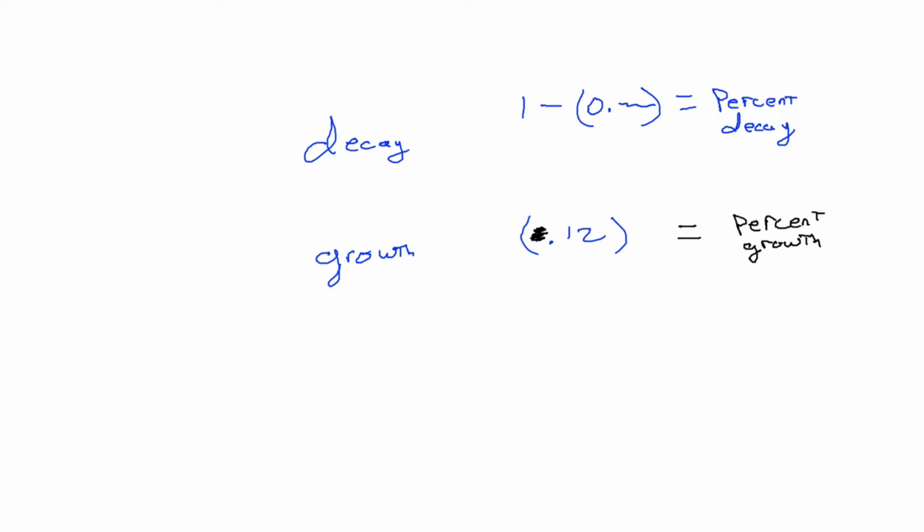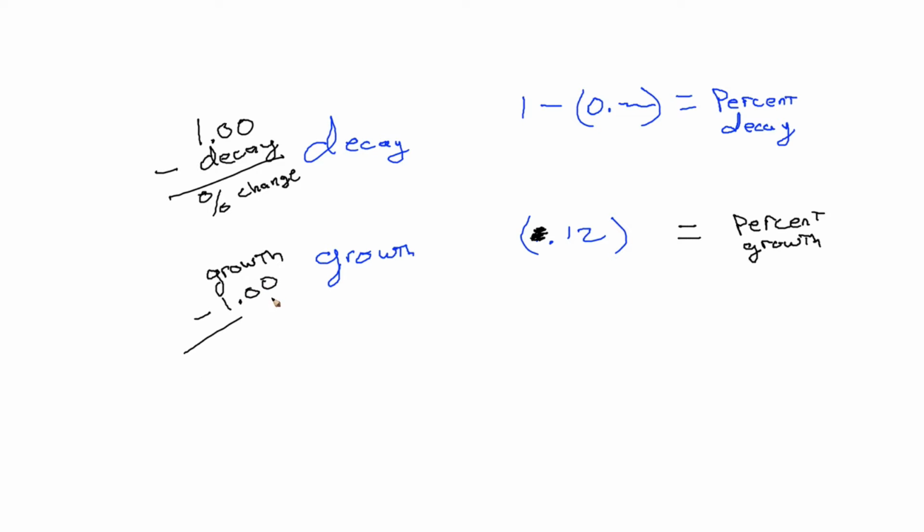So what's actually happening is in decay, you take 1.00 minus the decay, and that gives you your percent of change. With growth, you do it the other way around. You take your growth minus 1.00, and that will give you your percent of change.